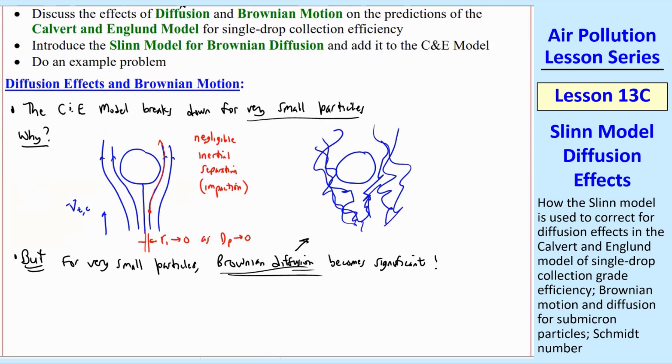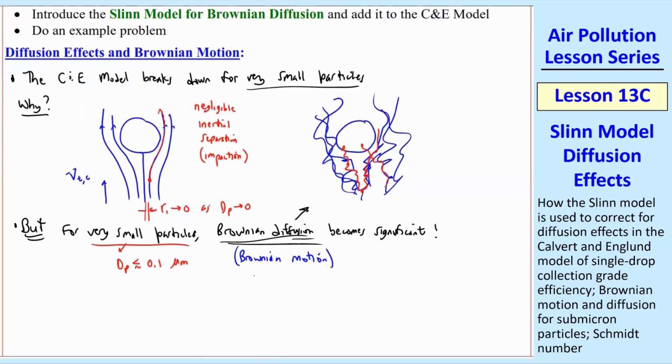And so very, very tiny particles will follow those air streamlines pretty much, and some of them will end up getting collected due to Brownian motion, not any kind of inertial separation. They're pretty much following the air streamlines as they vibrate, and then they hit the particle. When we say very small particles, we're talking about particles that are less than typically about 0.1 microns. So Brownian diffusion or Brownian motion becomes very important when you have really, really small particles.